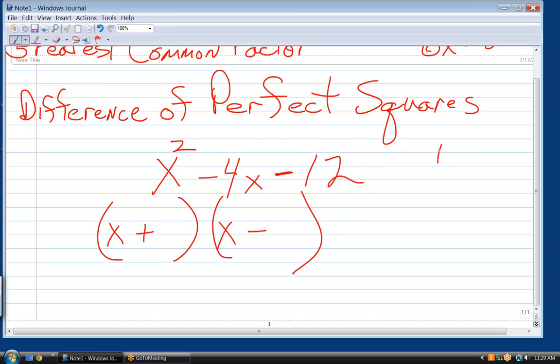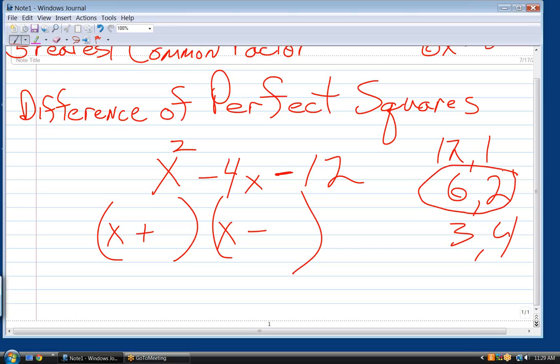Let's list factors of 12 again. Which pair subtract to 4? Okay, so here's my factors.